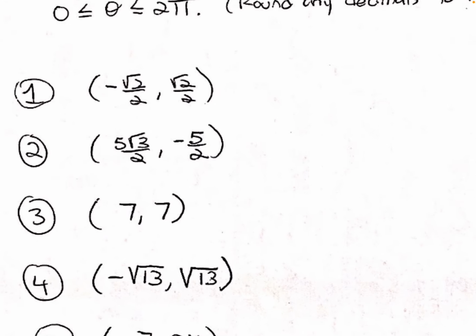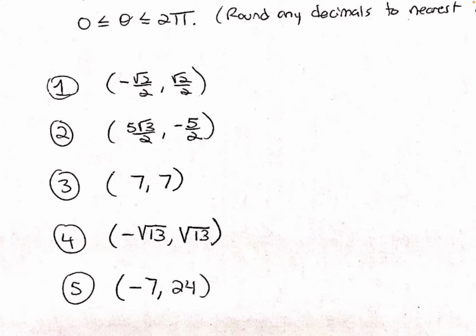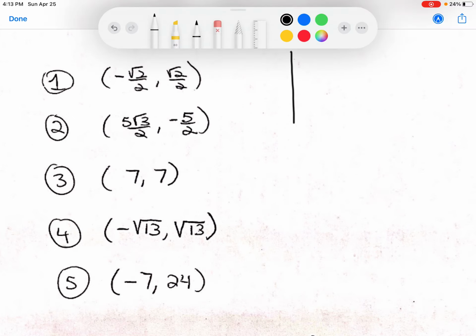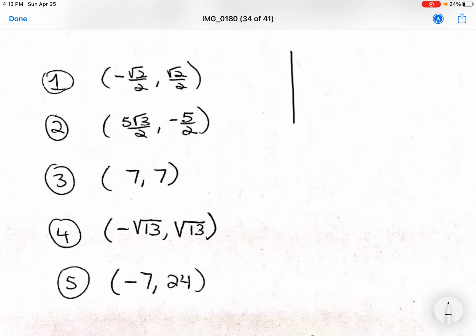So number 1, this is XY coordinate negative root 2 over 2 comma root 2 over 2. That's straight off the unit circle. So on the unit circle, that is right in the middle here. Okay, so straight off the unit circle, we know the radius is 1.